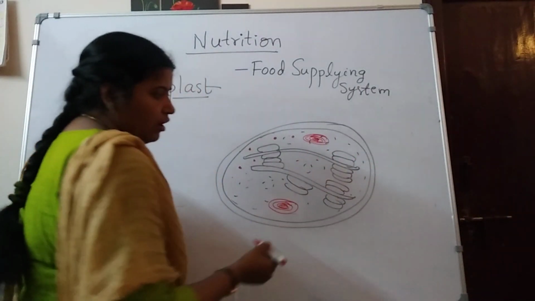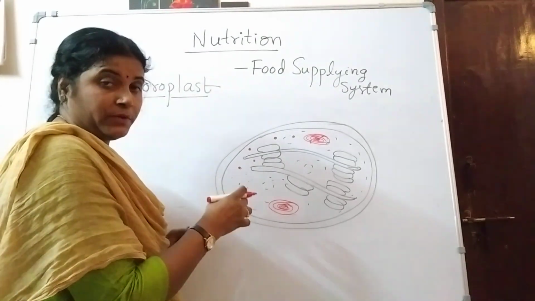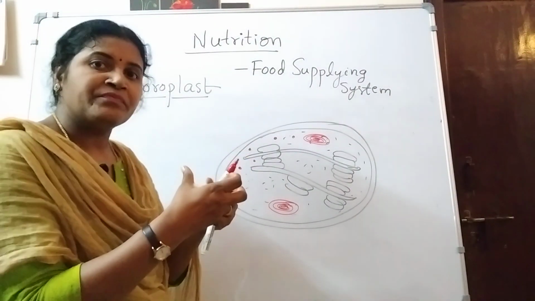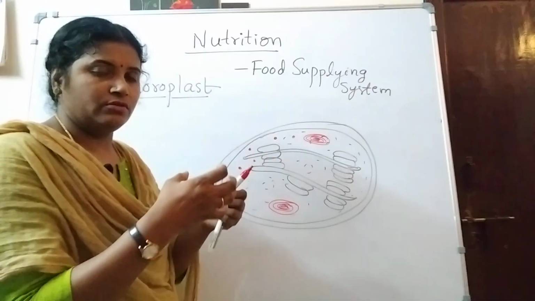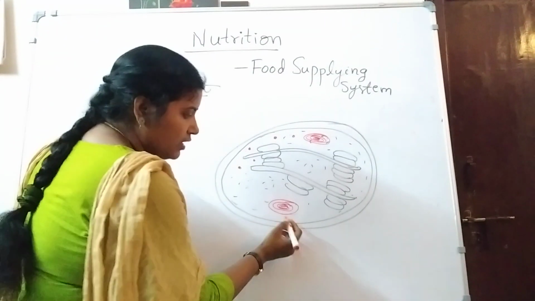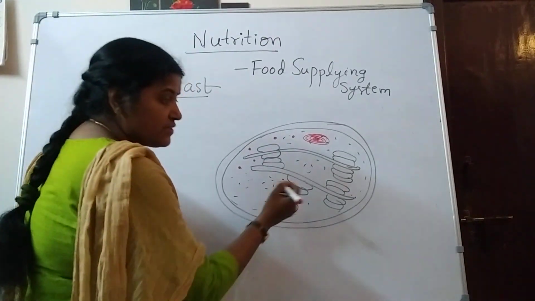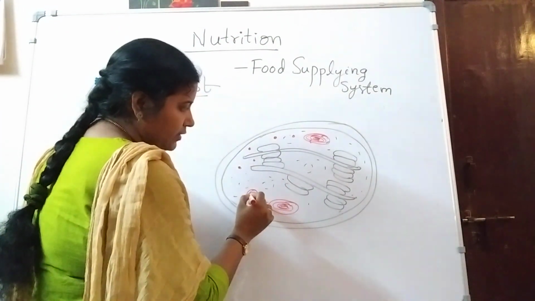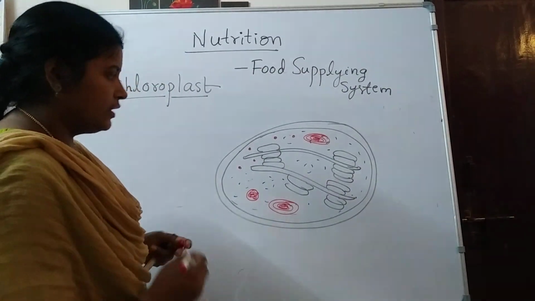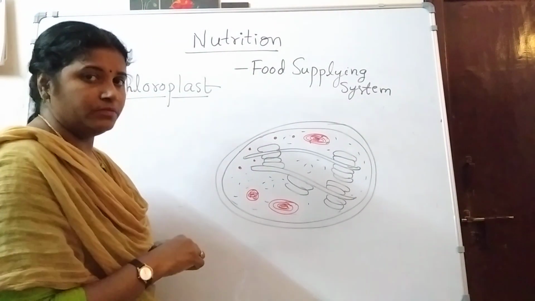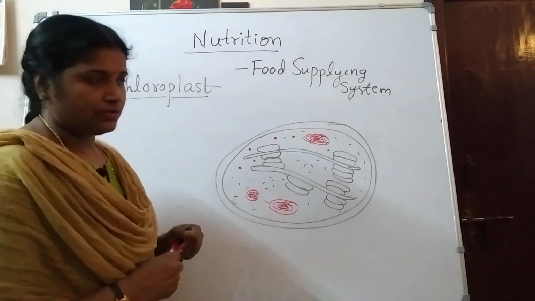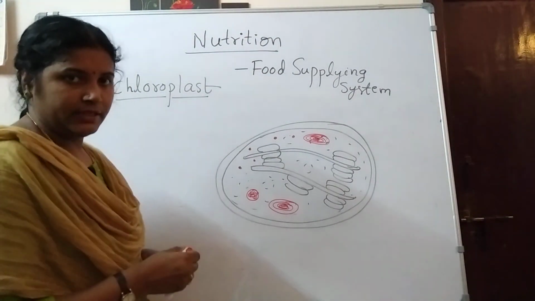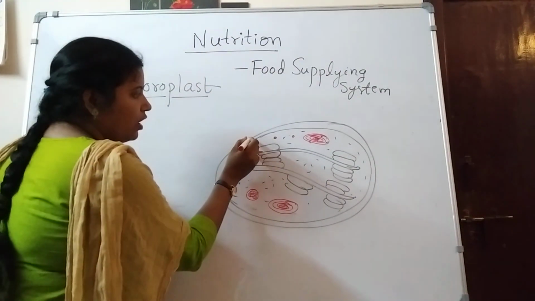Starch grains means all the food molecules prepared in photosynthesis, the glucose molecules, all combine and form starch molecules. So starch molecules all get stored in the form of starch grains. And it also contains a loop of DNA. I drew a simple diagram, you also draw it neatly. Only for explanation purpose I am drawing this diagram. So now we label the diagram. Okay, so these are the outer membranes.